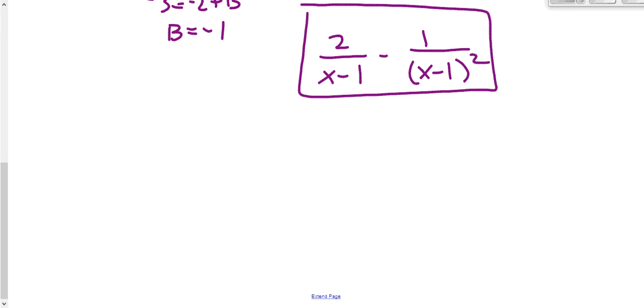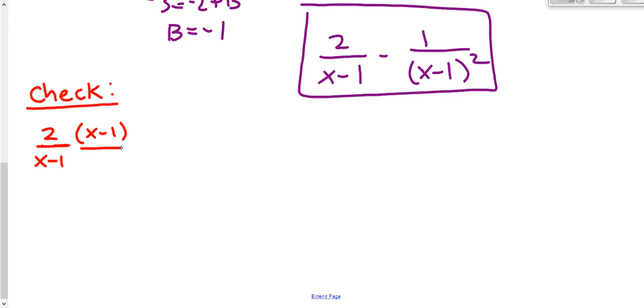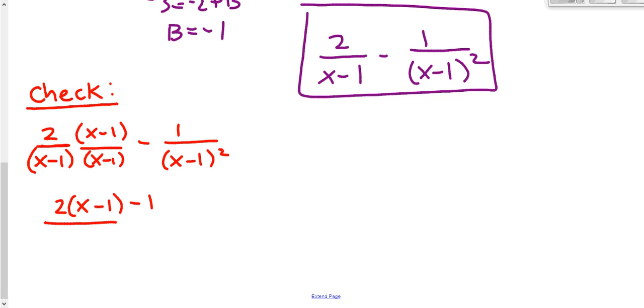Okay, sure. Let's go ahead and combine these into a single fraction and make sure that we really get what we started with. So the first fraction we should multiply by x minus 1 over x minus 1 so that we can get our common denominator. And we don't need to do anything to change the second one. So our numerator is going to be 2 times the quantity x minus 1 minus 1, and our denominator is x minus 1 quantity squared.